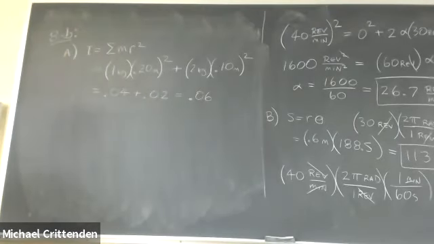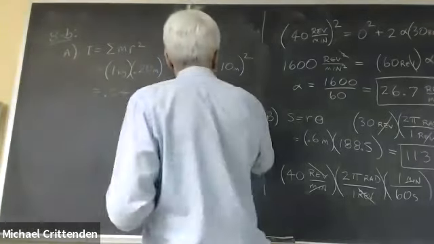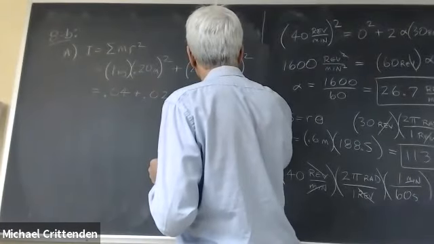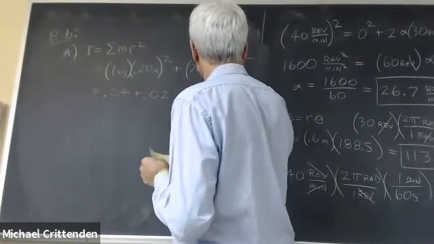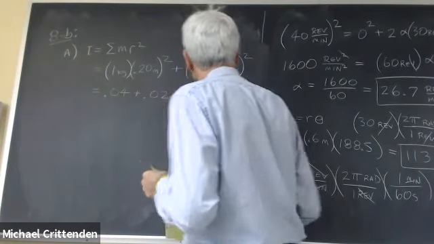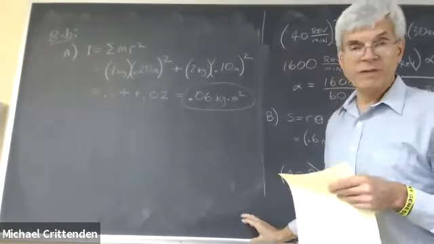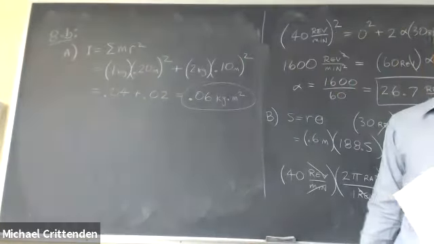So the numbers work out to 0.06, in units of mass times radius squared.